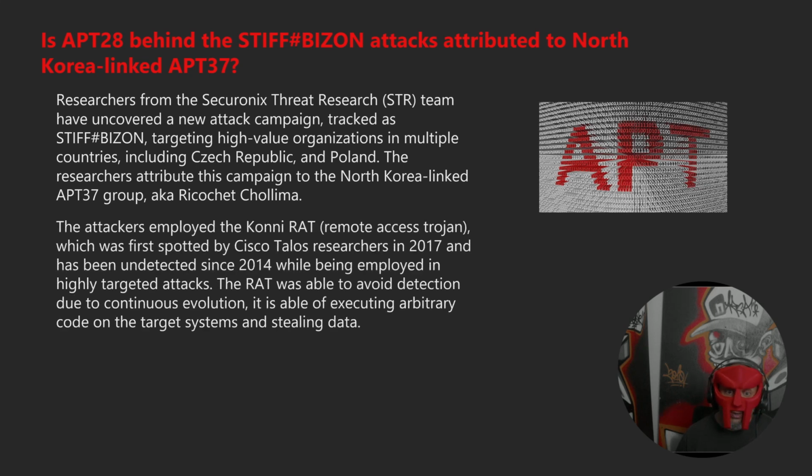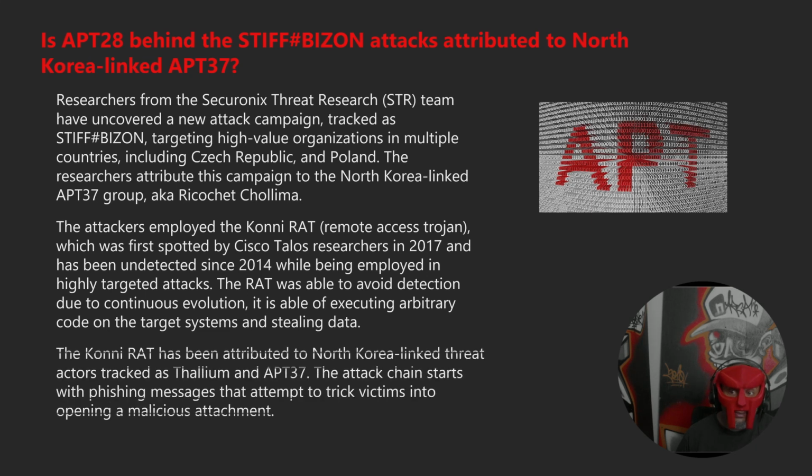The attackers employed the Conry Rat remote access Trojan, which was first spotted by Cisco Talos researchers in 2017 and has been undetected since 2014 while being employed in highly targeted attacks. The Rat was able to avoid detection due to continuous evolution. It has the ability to execute arbitrary code on the target systems and steal data. The Conry Rat has been attributed to North Korea-linked threat actors tracked as Thallium and APT37.